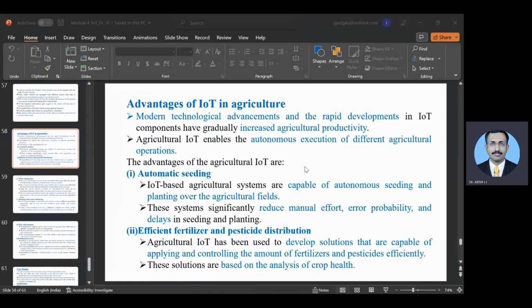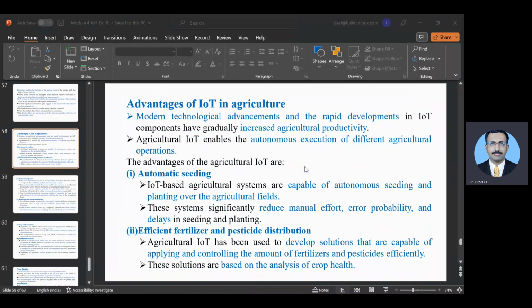First one is what? You might have seen many videos where most of the agriculture process is now taken over by robotic automation, or you can say with the help of IoT or very big machines. You might have seen bigger machines in the agriculture land which can cover the entire 100 acres of land maybe in 5 days or 3 days.